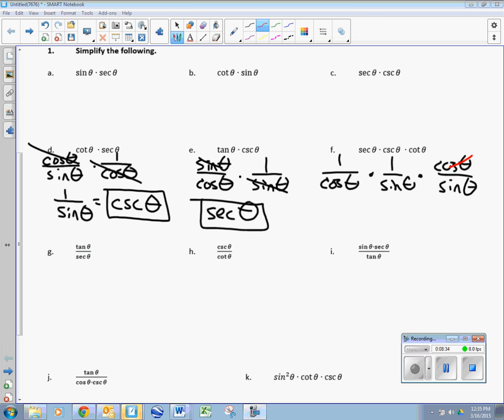Now, you got to see that it cancels. A lot of people see that it cancels as well. Here's what they do. When they don't know what to do with the sine squared on the bottom, they just start crossing out the sines and they say it's equal to 1. That's not correct. It's 1 over sine squared. And if you notice, 1 over sine is cosecant. So 1 over sine squared is cosecant squared.